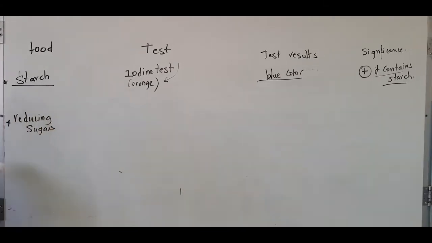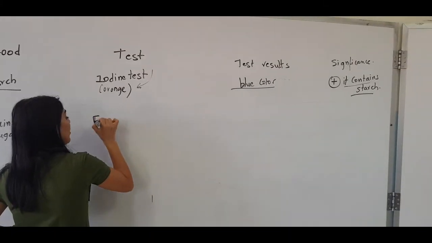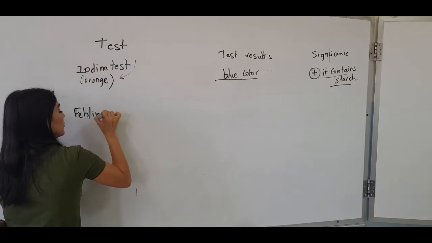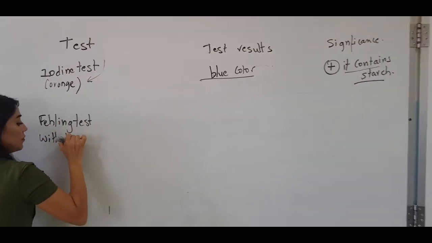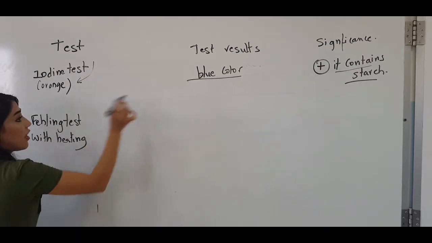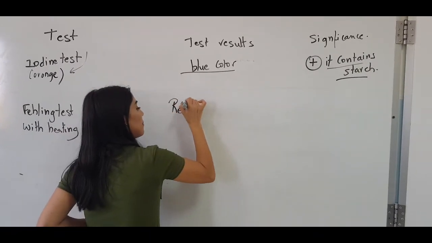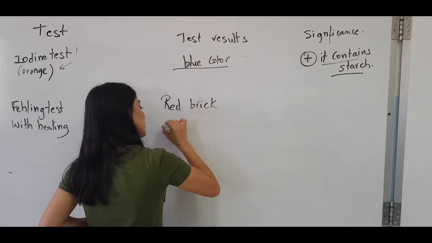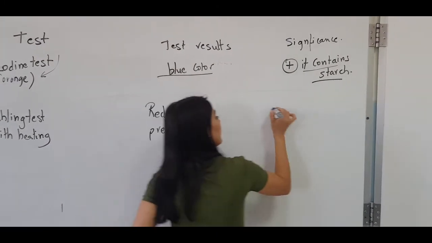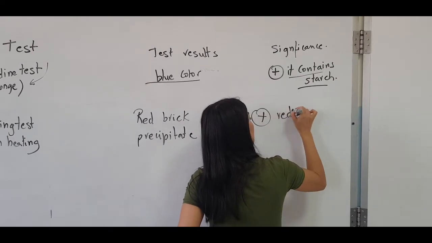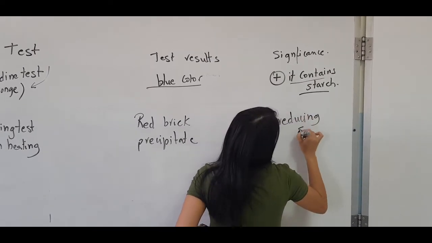How do we test reducing sugar? By Fehling test with heating. What color should we get? Red brick precipitate. Significance, yes, it does contain reducing sugar.